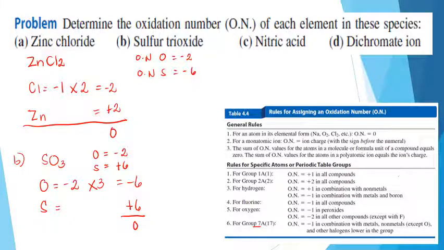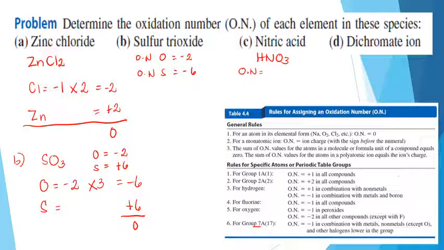So in the case of nitric acid, we have the formula HNO3. Now, if we are going to check the oxidation number of oxygen, it is -2 in all other compounds. So you determine the oxidation number of your oxygen first, especially when all others are not yet known.